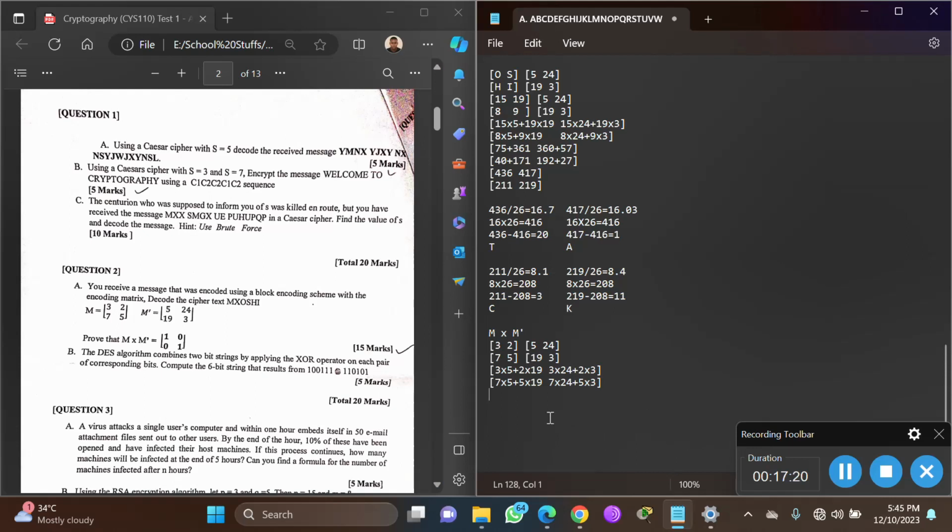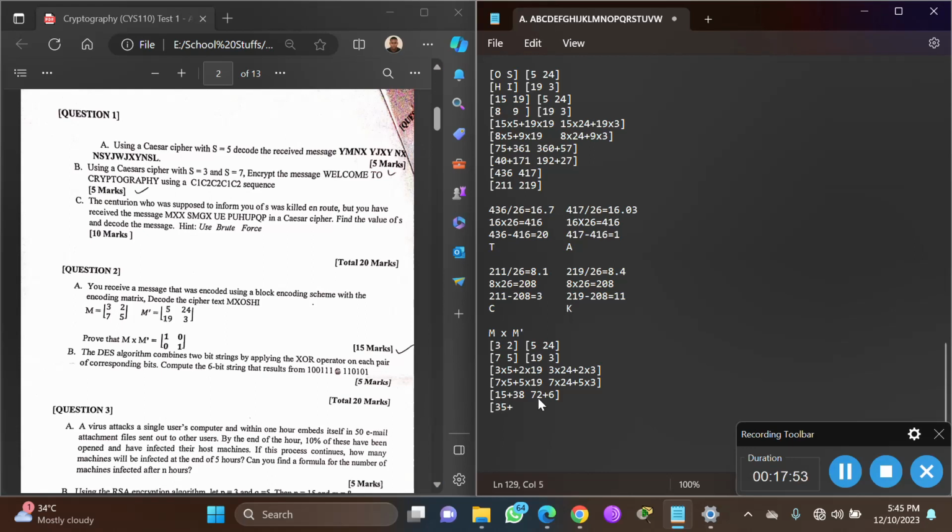So now we just involve the calculator here. 3 times 5, which is 15, plus 2 times 19, which is 38. Then a space. 3 times 24, which is 72. Then plus 2 times 3, which is 6. Then you close. Now we have 7 times 5, which is 35.